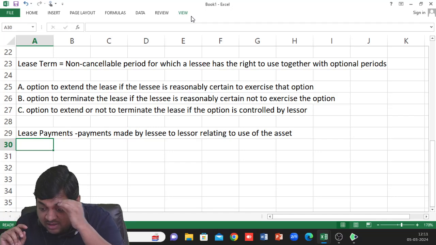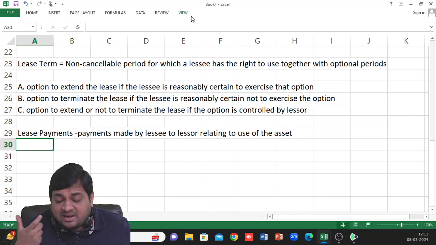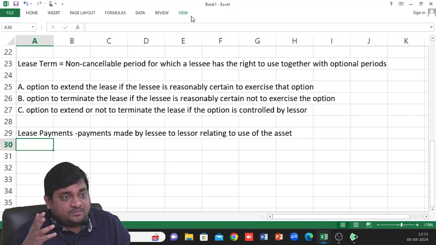So you need to note one thing, whether it be finance lease or operating lease, right?